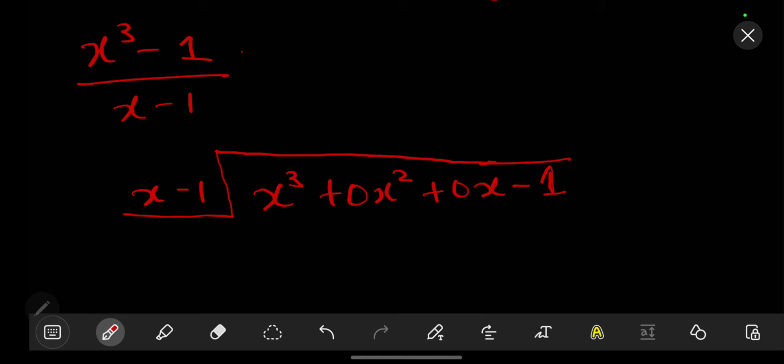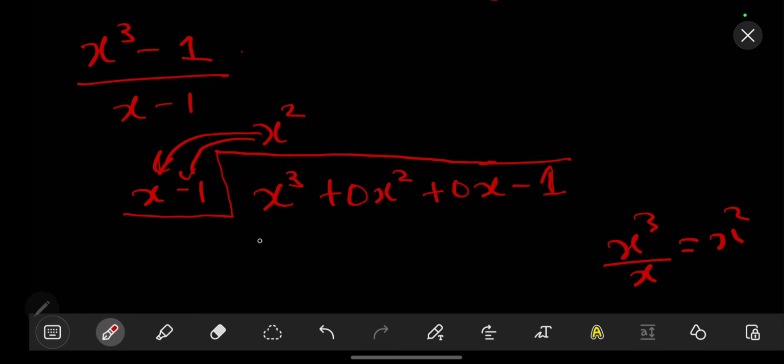So this x cubed is divided by x. So x cubed divided by x will give us x squared. So we write our x squared here, then multiply. So this times that and this times that. So x squared times x will give us x to the power 3. Then x squared times -1 will give us negative x squared. Then subtract.